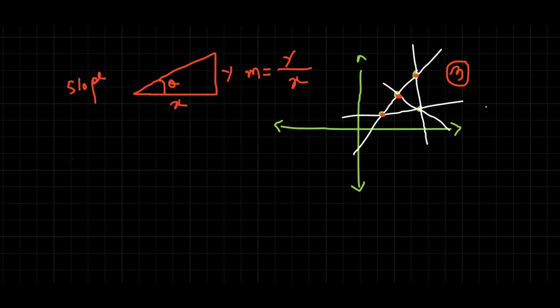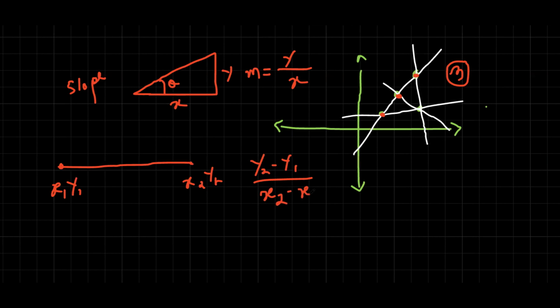But according to the straight line equation, if 2 points have the coordinates x1, y1 and x2, y2, and it is a straight line, then the slope will be (y2 minus y1) divided by (x2 minus x1).